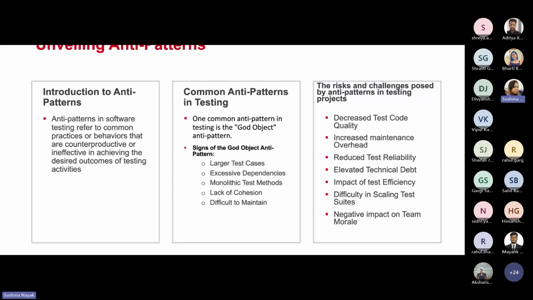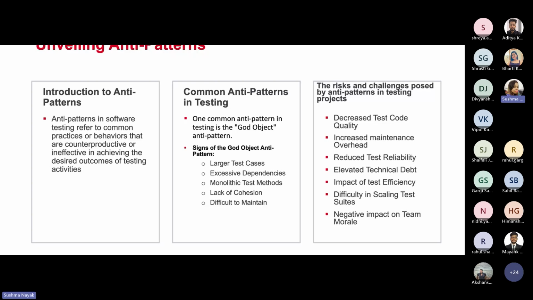So yes, what is the definition of an anti-pattern? Here in the slide, if you can see, an anti-pattern in software testing refers to common practices or behaviors that are counterproductive or ineffective in achieving the desired outcome of testing activities. Now, what is the significance of anti-patterns in testing? It is that they identify problematic practices.